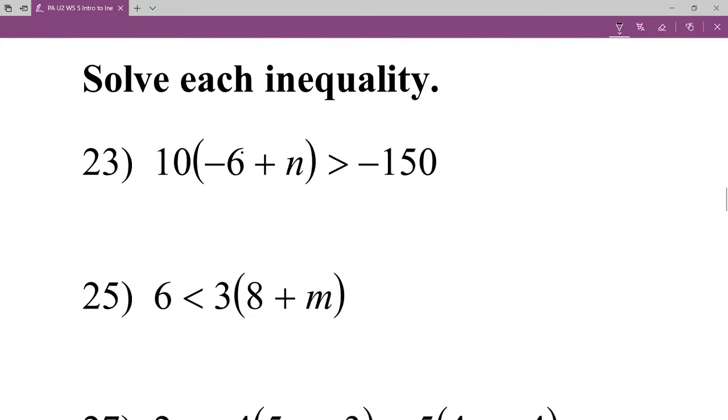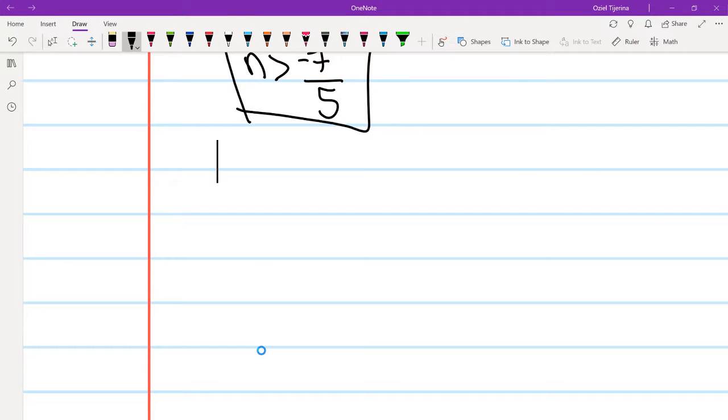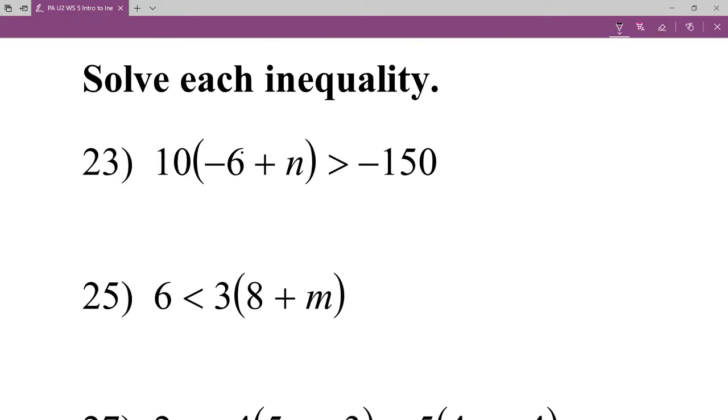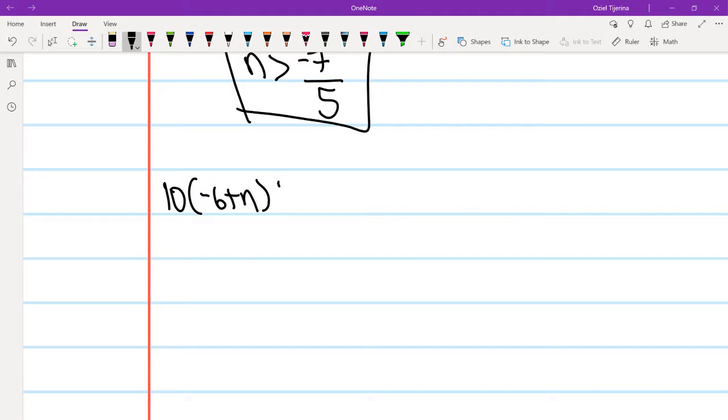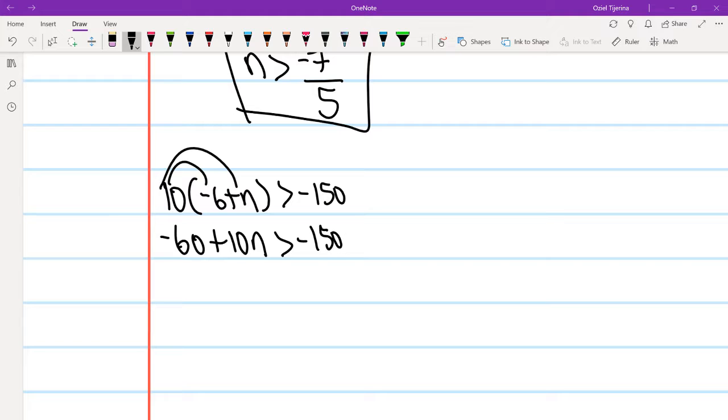It says 10 times negative 6 plus n is greater than negative 150. So you do the distributive property: negative 60 plus 10n is greater than negative 150.